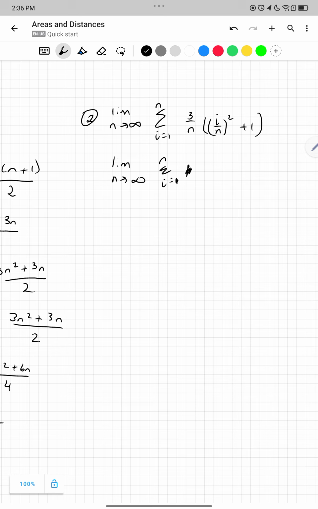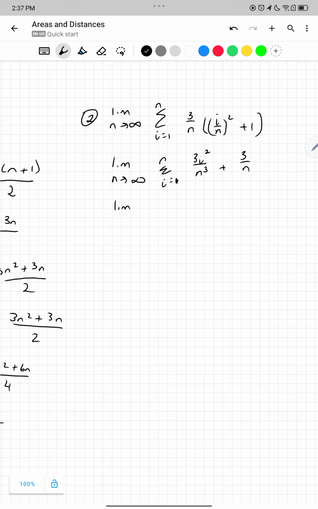Then we'll have 3i squared all over n cubed plus 3 over n. Right.